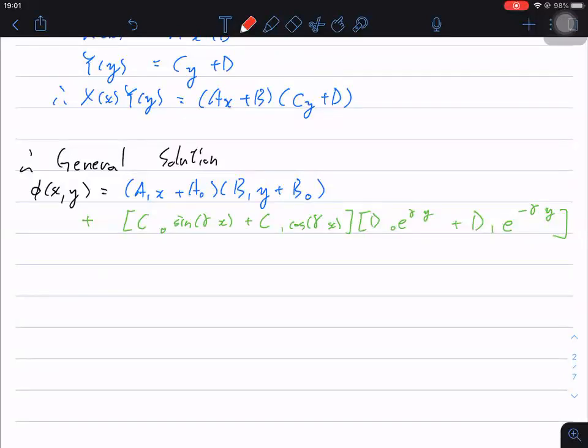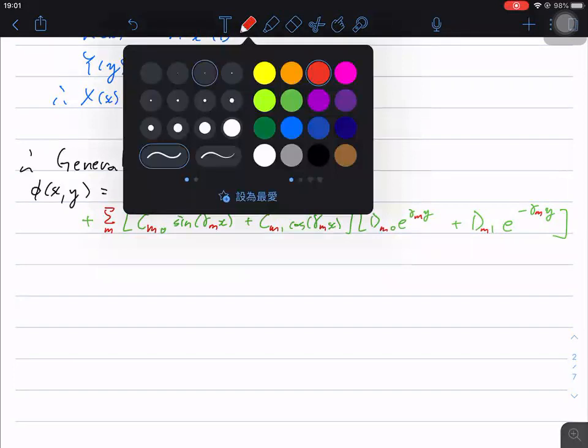So instead of having one value of gamma, we may have a lot of possible values of gamma, any possible values of gamma. So we are summing over all possible values of gamma m. So we have to add a summation sign here, summing over all positive eigenvalues.